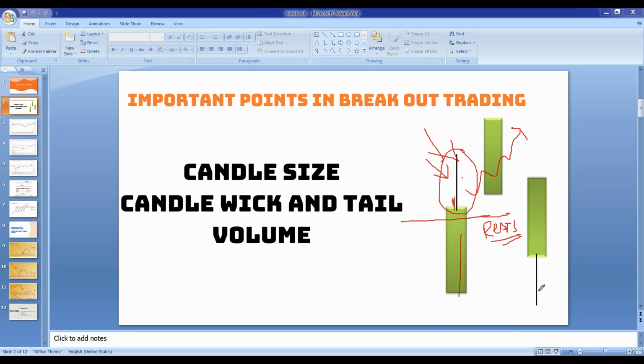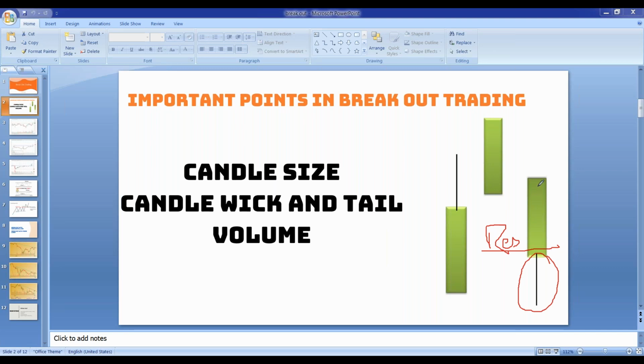Now suppose the breakout is happening and the breakout formation is happening like this. This is the resistance. I'm using a mouse, so please cooperate with my handwriting. This candle is getting formed, and you have got a wick on the downside.